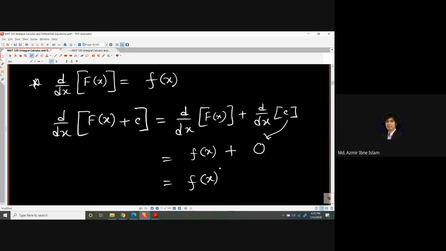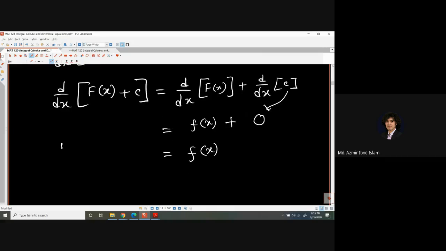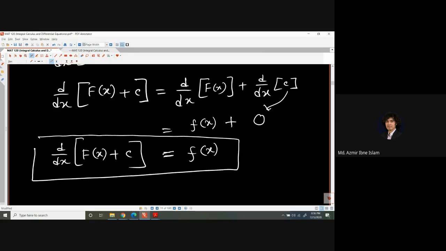We are getting small f(x). So it doesn't matter whether we apply a constant here or not. That means it is not affecting our final relation. Still it is the same. Integration and differentiation are acting inversely or oppositely. So this relation also holds for the indefinite integral, and for the indefinite integral we are getting a constant C.